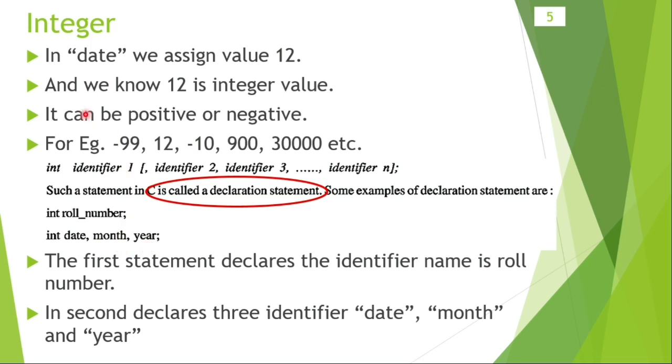These are all integers. The first statement declares the identifier named roll number. The second declares three identifiers: date, month and year. Understand? These are all integers.